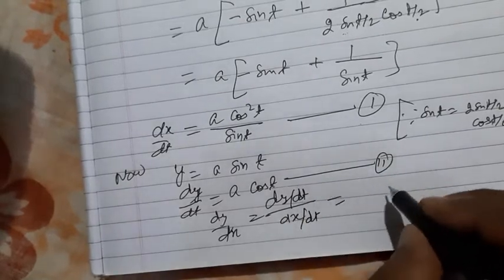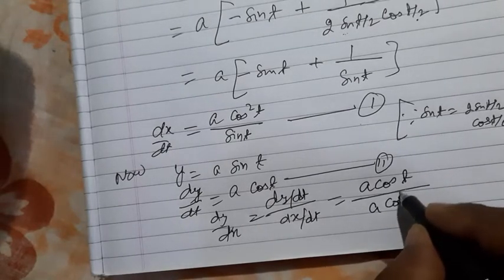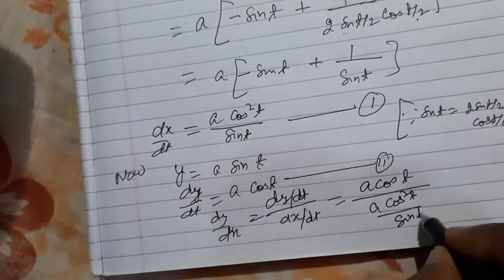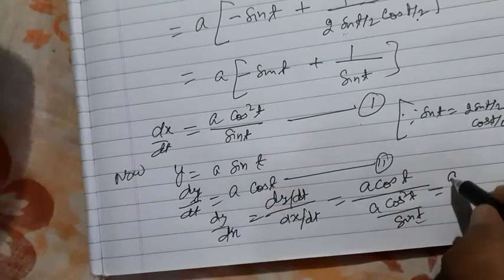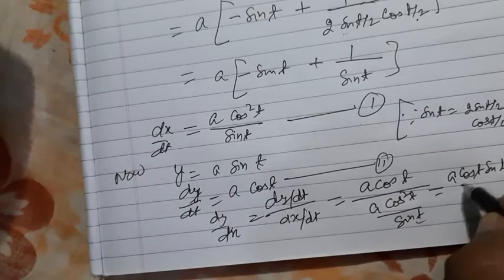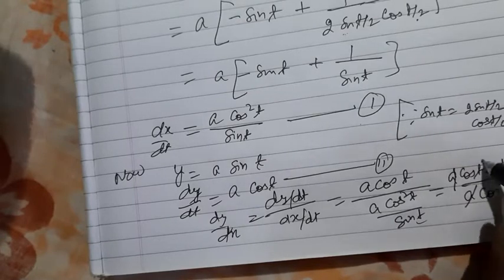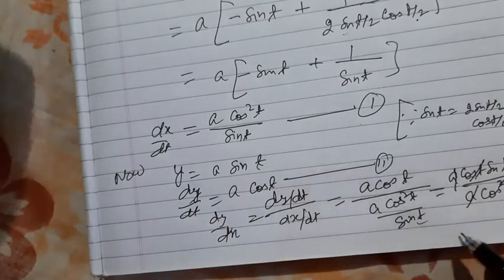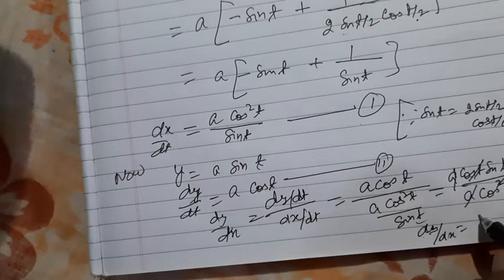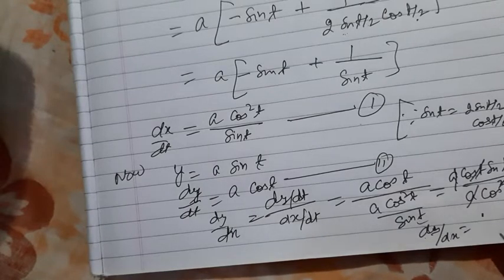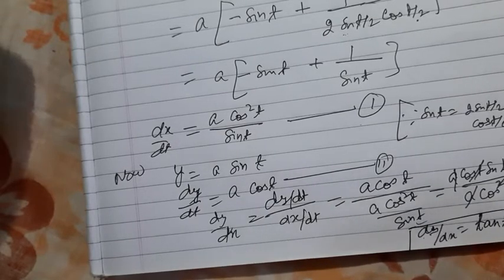Put the value of this: a cos t upon a cos square t upon sin t. If you are simplifying, sin t goes up, so that is a cos t sin t upon a cos square t. It means a cancels, one power of cos cancels, so that is sin t upon cos t. It means dy by dx is equal to tan t. So this is the answer.